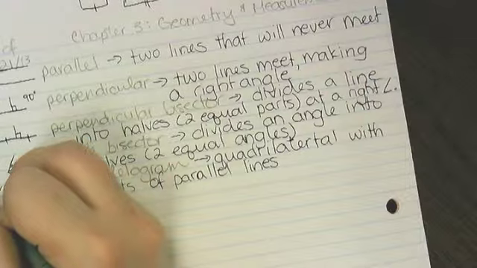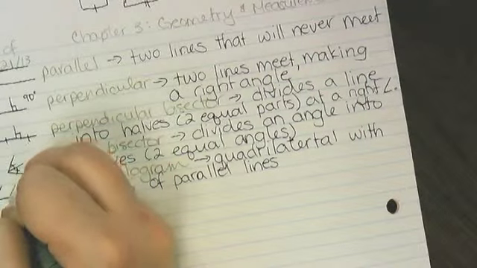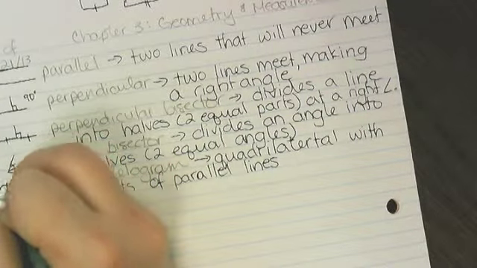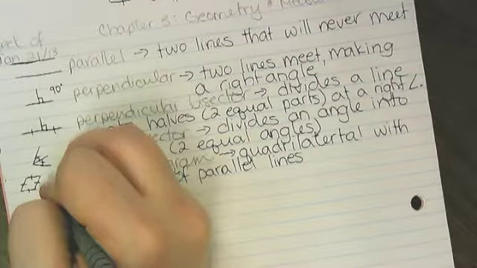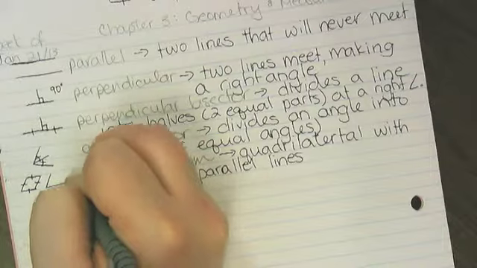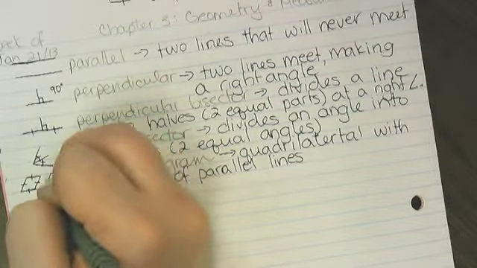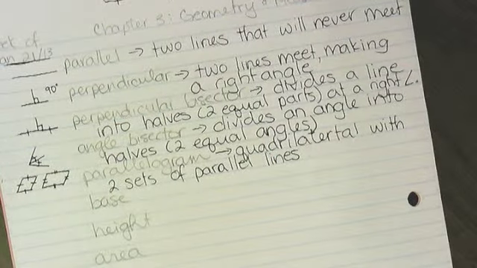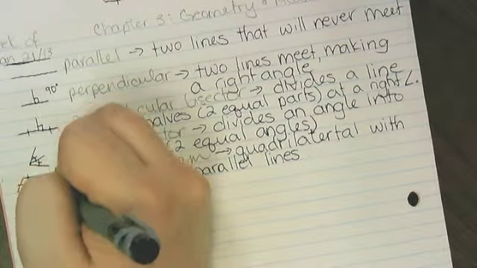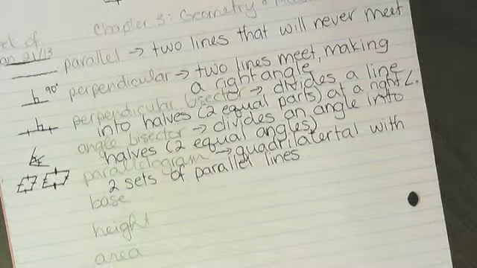So it can be either a rhombus, which is basically a square on its side, or a parallelogram, which is a rectangle on its side.